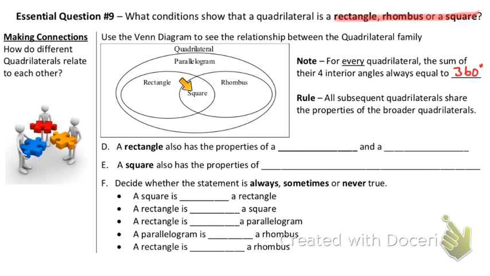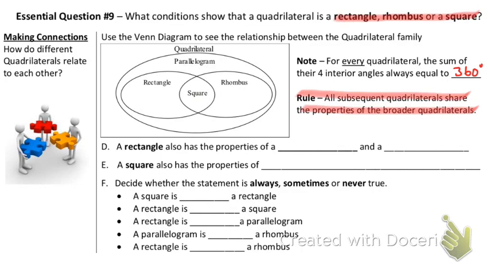And so on. For example, since the square is in the circle of a rectangle, then all the properties of a rectangle are true for the square, okay? And that's what this rule is trying to explain here.